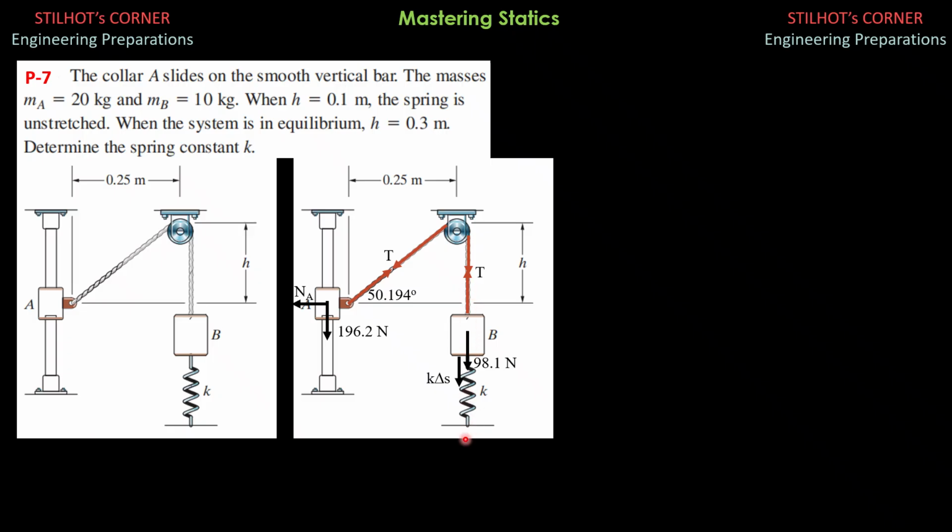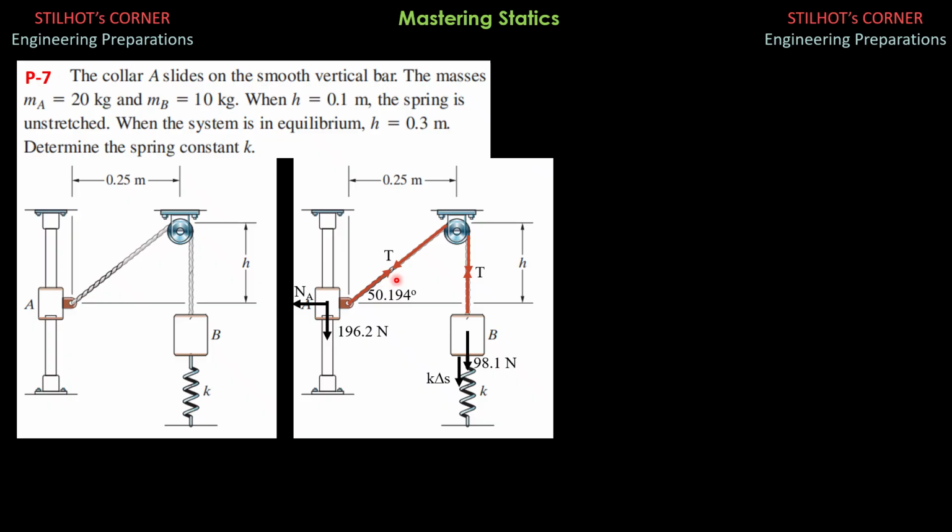Supposedly the force is going up, but the net effect is because the spring is compressed, so it's going down, K delta S. This is now the direction of the force in the spring. So we make this positive. Delta S is 0.3 minus 0.1, so 0.2. And since T has been found, then we can compute K.